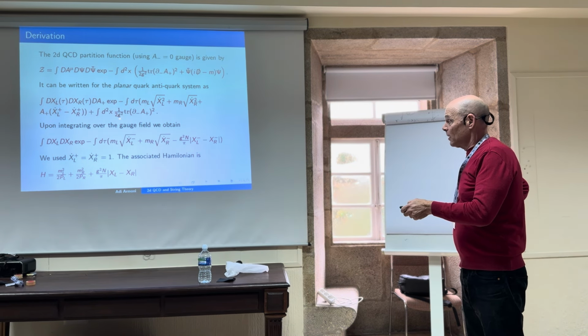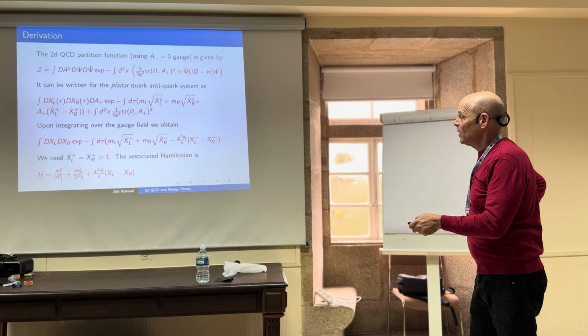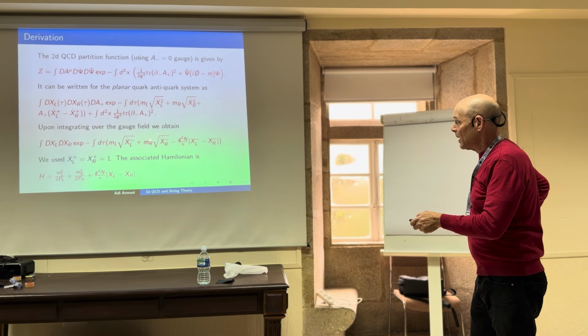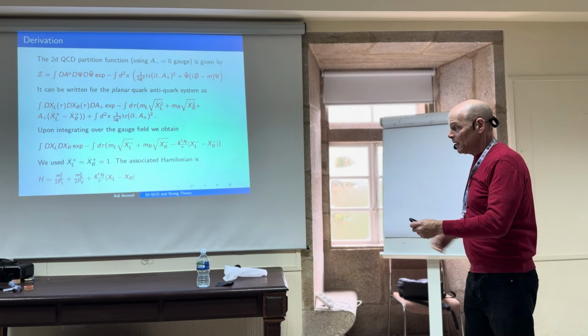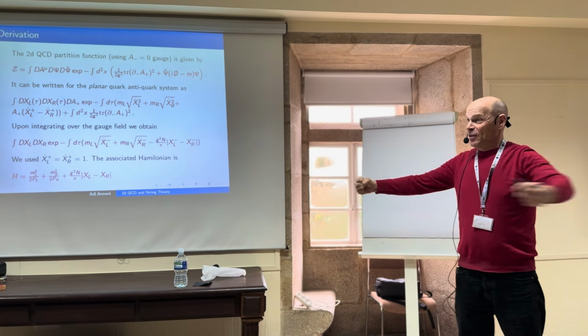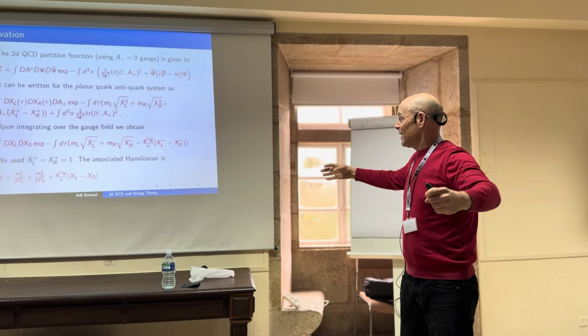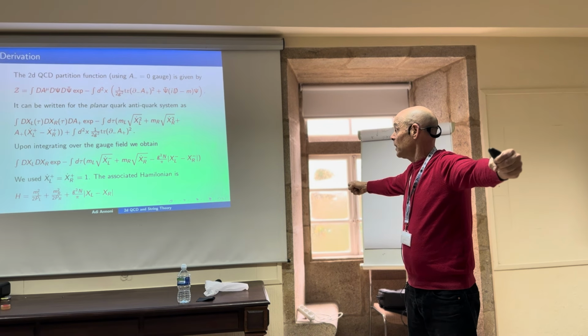I didn't change anything in the gauge field. But upon integrating out the gauge field, this is what I get. I have the left quark, the right anti-quark, and now we see that we have a linear potential between them, which means a string. So we're almost there. That's the idea: we have a quark and anti-quark and a string stretched between them.